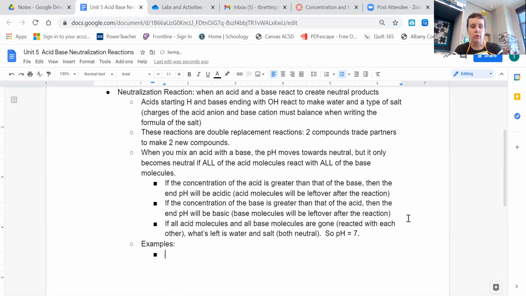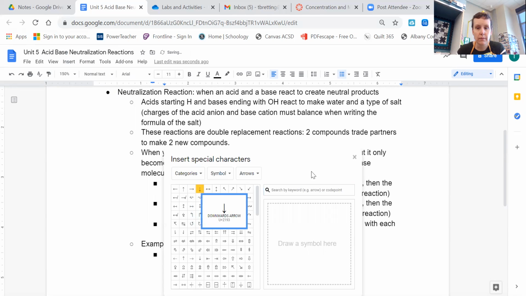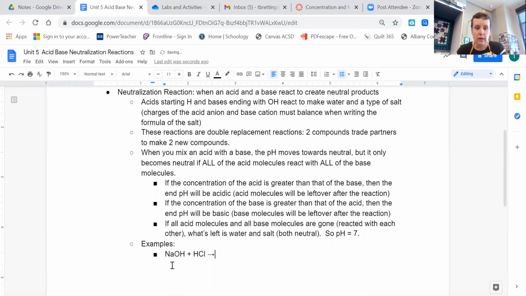So what I want you to do is copy these examples. NaOH plus HCl, this is an L, okay? And I'm going to put a little arrow in there. So this is our acid this time, HCl. This is our base, NaOH.